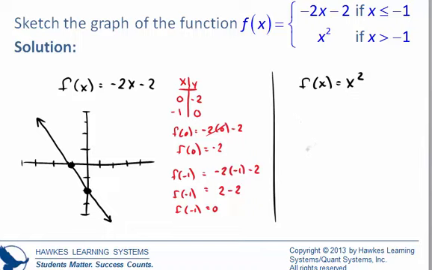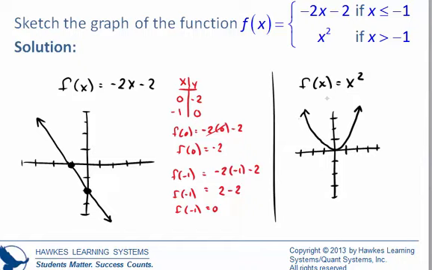Now I'm also going to go ahead and graph the function x squared. And we know that that is our basic parabola centered at the origin. If you're not sure about that, you can always come up with a couple of values there as well. But I'm going to go ahead and sketch that in.